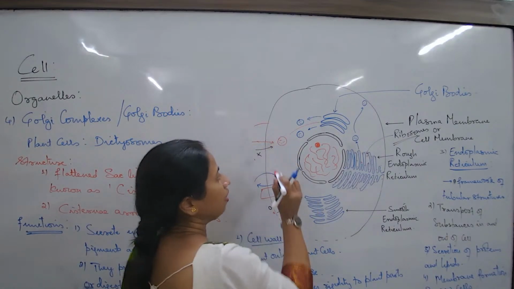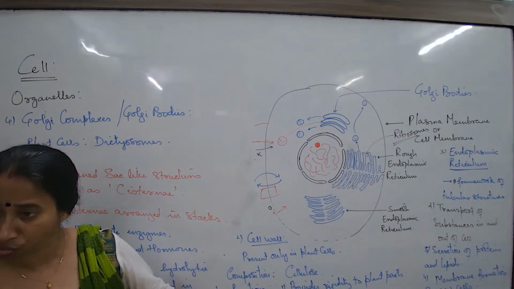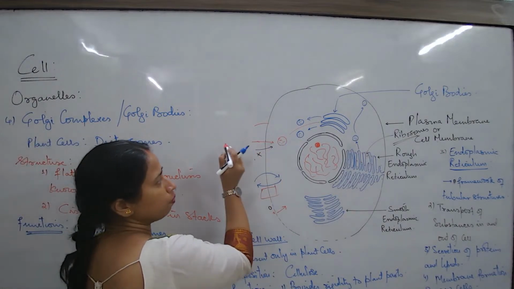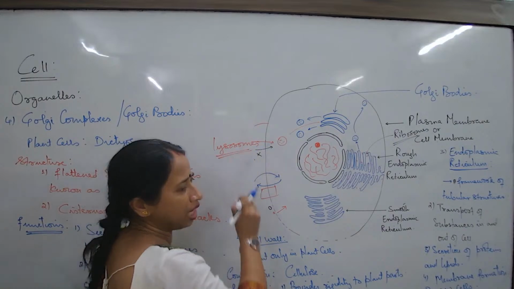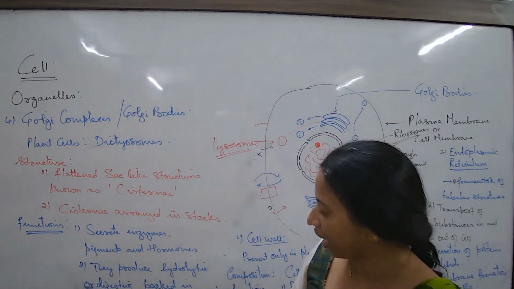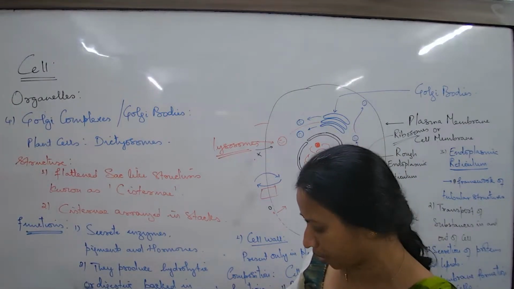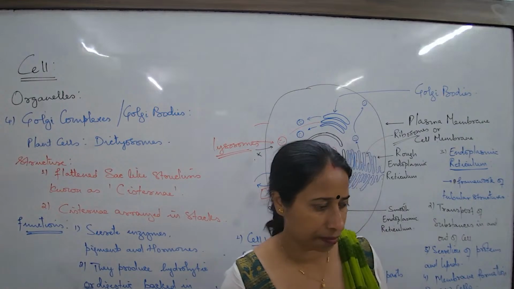What does that mean? They can destroy microbes, pathogens, or digest food. What are these packets known as? These packets are known as lysosomes. Okay. So read Golgi also in your textbook, and we will continue from this concept again in the next class.